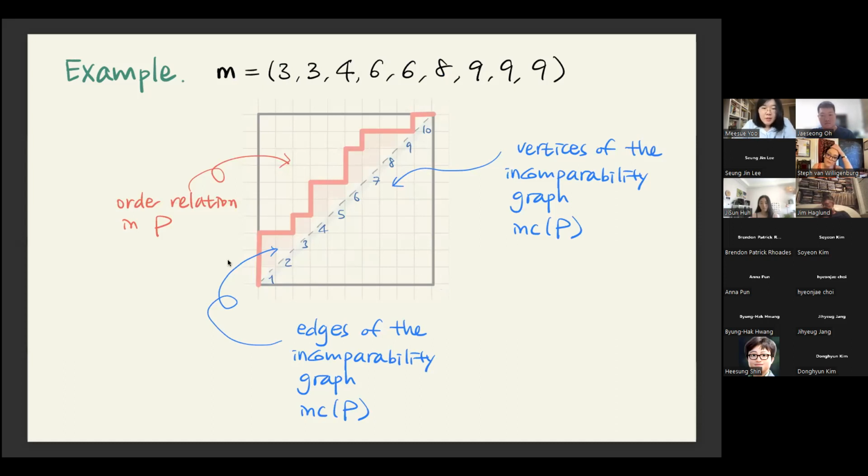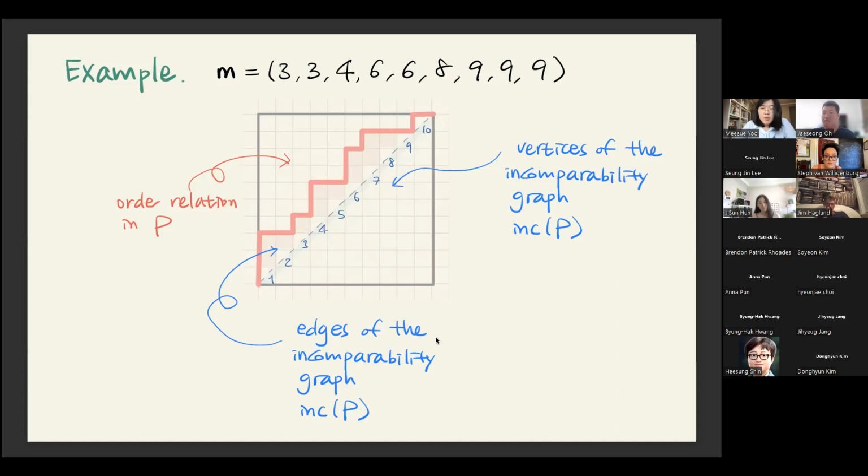In that case, the order relation of the natural unit interval order is encoded in the partition shape, which is above the Dyck path. And then what we can also consider is the incomparability graph of the poset. This is a graph having the vertex set as the elements of the poset.